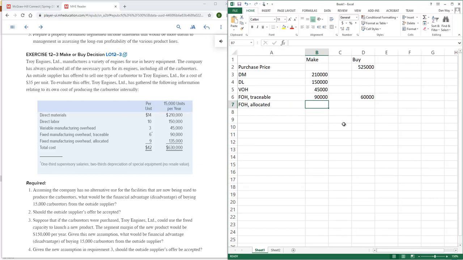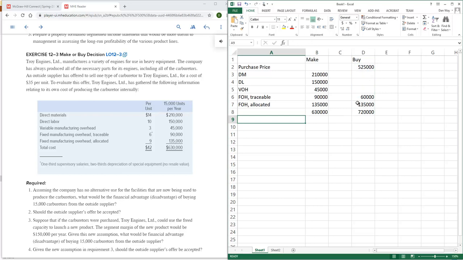Okay, if it's being dumped on this particular product line from the total allocation pool, so regardless of whether we make this thing in-house or buy from the outside supplier, we're still going to incur that full overhead cost. So we can get a grand total here for our make scenario. Again, our variable cost of production plus some of those fixed costs. And then if we buy, we've got the purchase price plus those fixed costs that are not avoidable if we forego making this thing in-house.